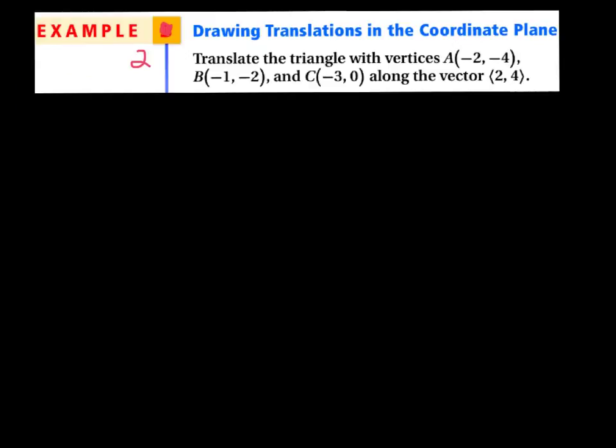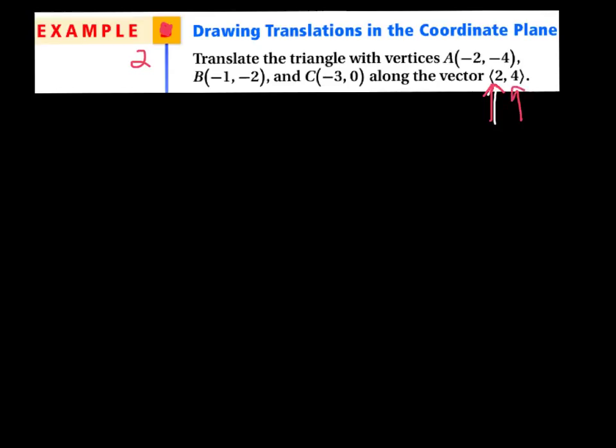Looking at example 2. Translate the triangle with vertices A, B, and C, and you can see the ordered pairs, along the vector <2, 4>. So as you remember, the first value of the vector represents your horizontal change.